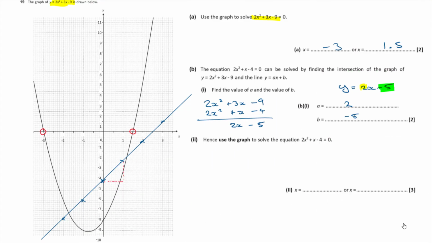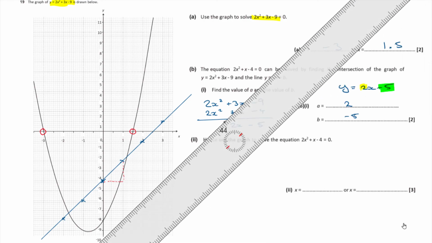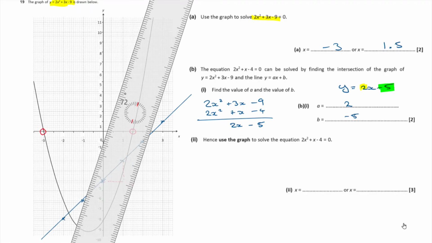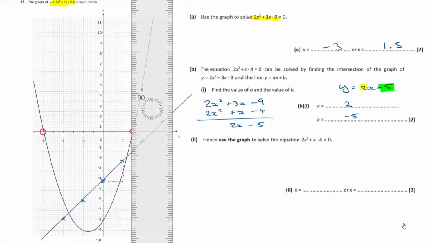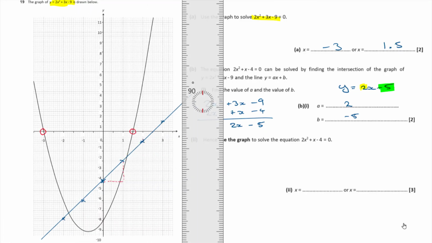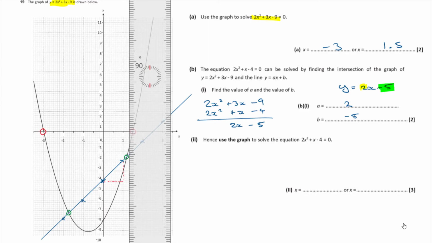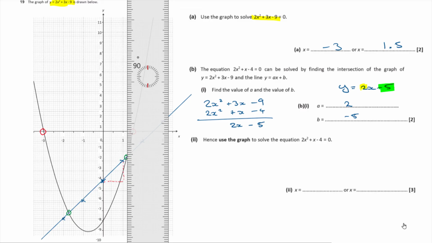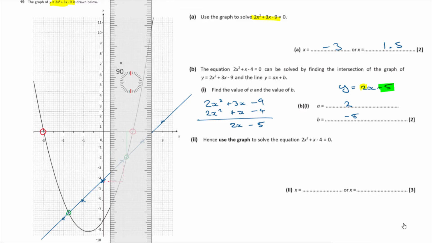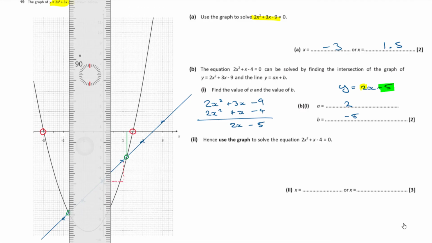So then what we want are the points of intersection, don't we, between our lines. And then we want to find the values of x for which those intersections occur. So you can see my first point of intersection is here, look, and my second one is down here. So reading up from there to the graph, and also up to there.